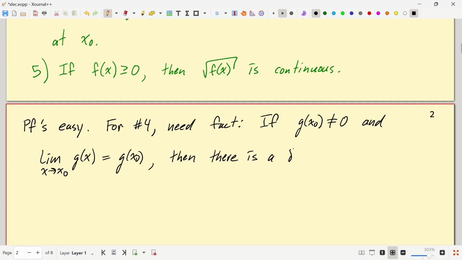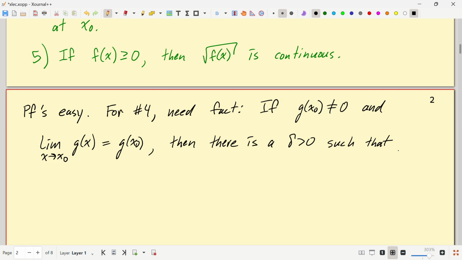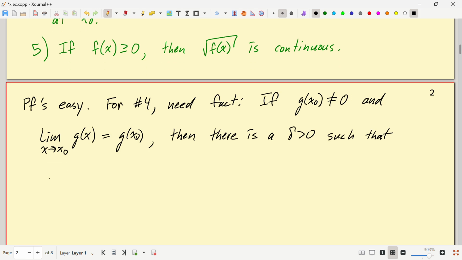So there's a delta bigger than 0 such that g of x is bigger than some constant, I'll call it k, and k bigger than 0.